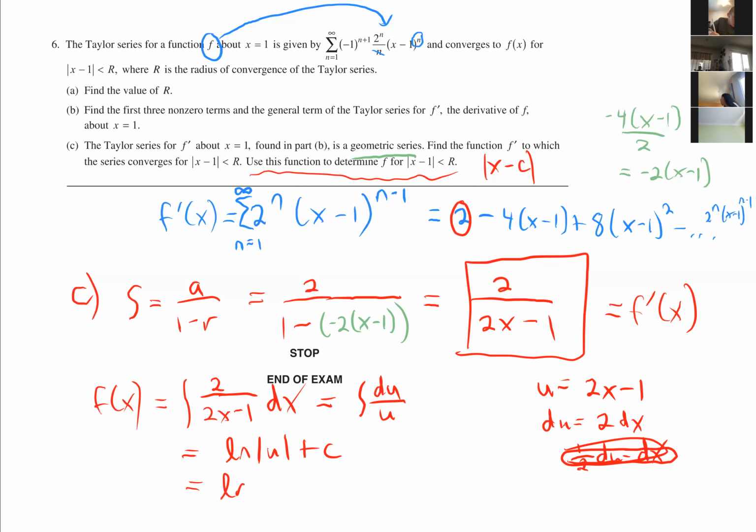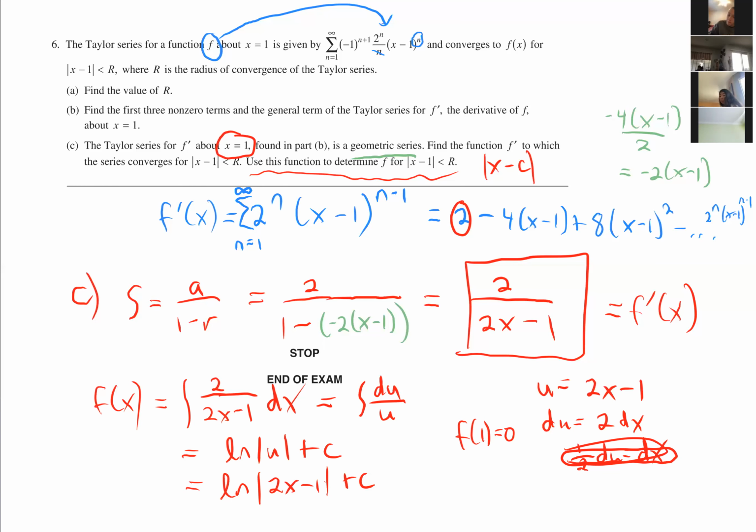So this is going to be ln of the absolute value of 2x minus 1 plus c. And then if we're centered at 1, so it says about x equals 1. And then if you were to find ln of 1, that's going to be 0. So I'm going to use the point f of 1 equals 0, because yeah, ln of 1 is just 0.